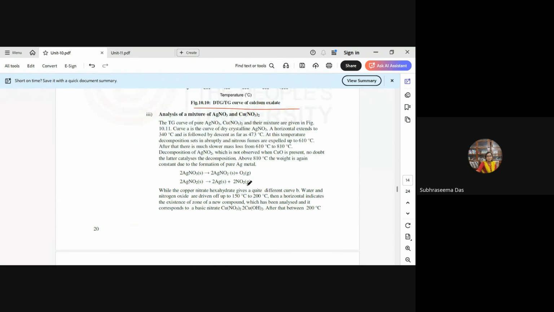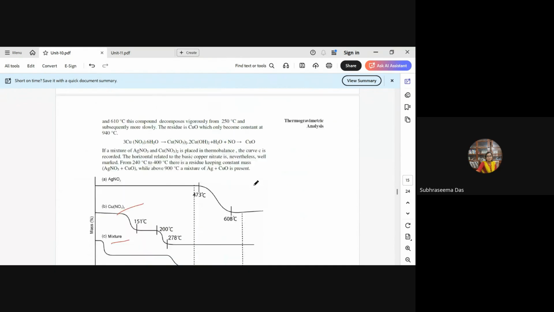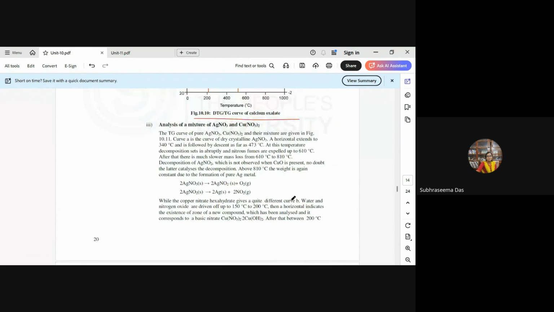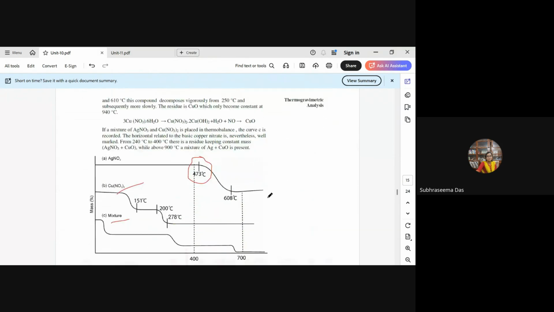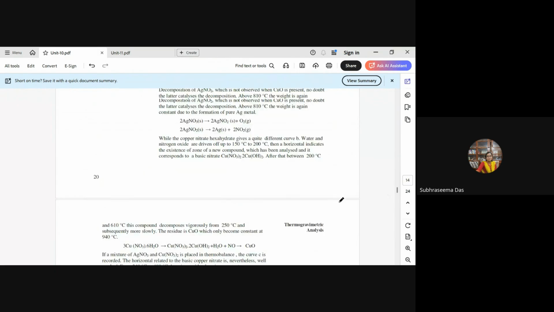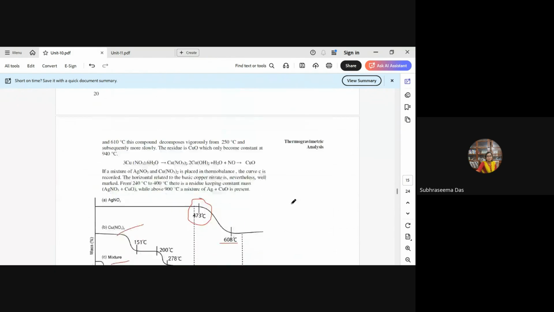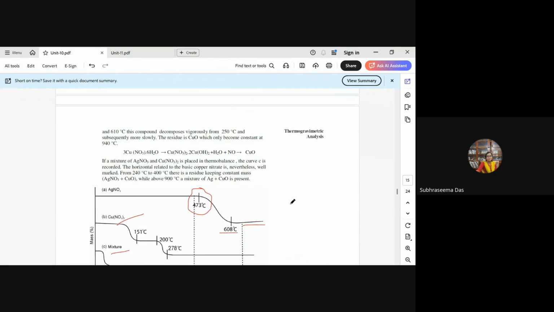So we know curve A, for silver nitrate, has no decomposition up to a point, and the first decomposition temperature occurs at around 473 degrees centigrade, followed by the next at around 608 degrees centigrade. After 608 degrees centigrade, the mass loss is very slow.